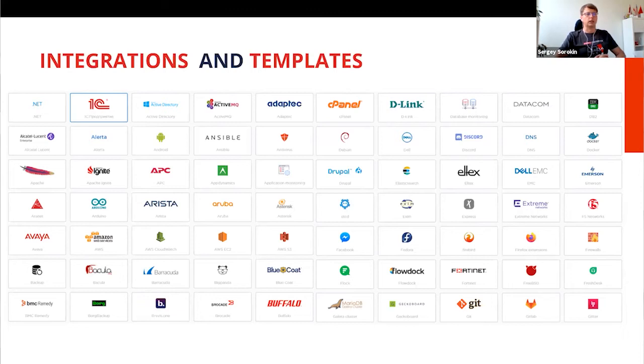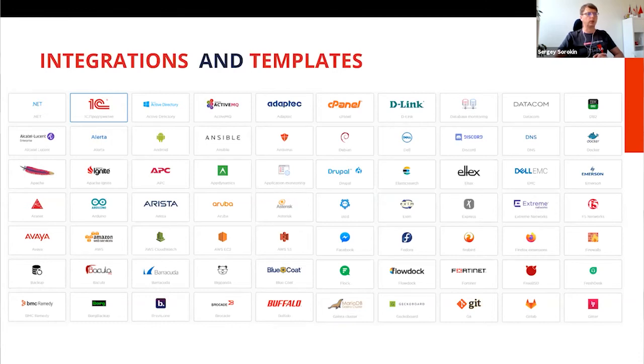And in this case, Zabbix is a perfect solution, because Zabbix is open, not only because we produce open source, but we are open to all kinds of cooperations and integrations with other solutions.